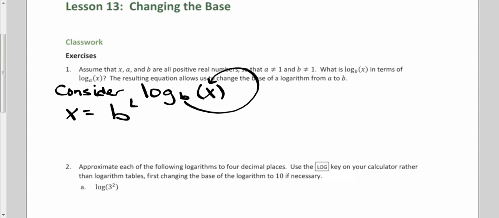I'm going to choose capital L for my variable. So now I'm setting X equal to B to the L power.